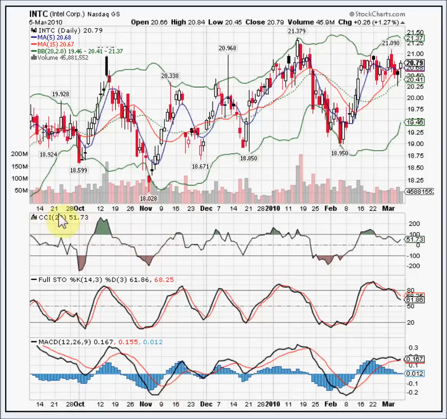Okay, so this is a 6-month chart, and as you can see, Intel is what I call a channeling stock. It ranges from the mid 18.50s up to the mid $20.50 range, a little bit higher here.